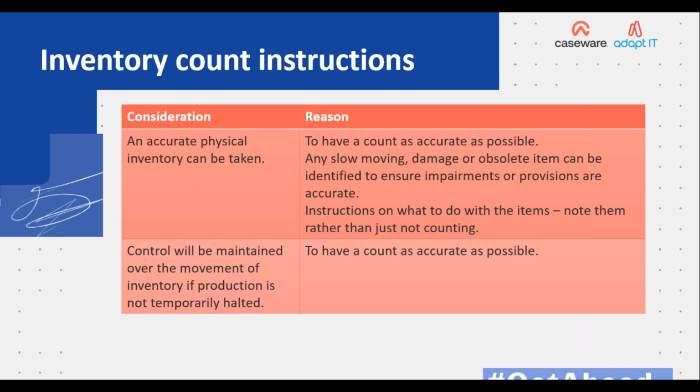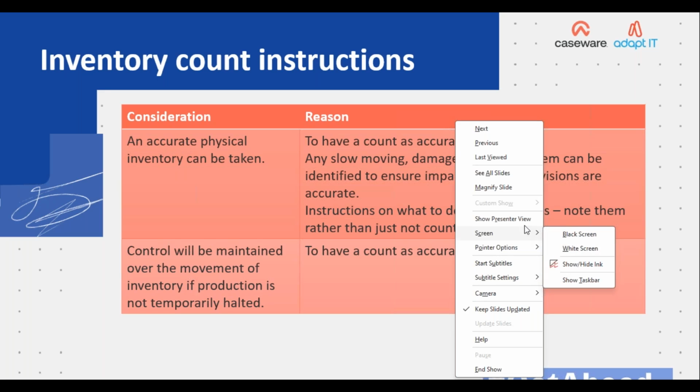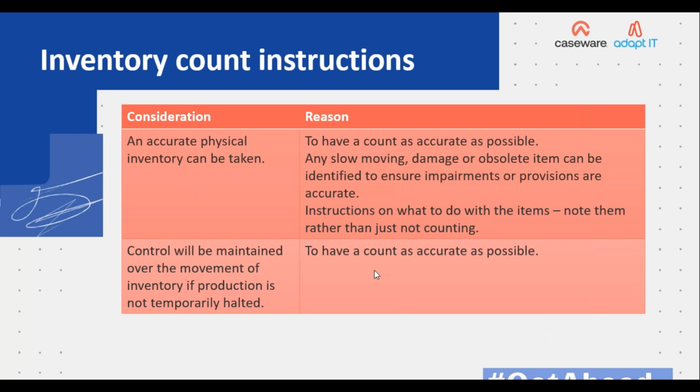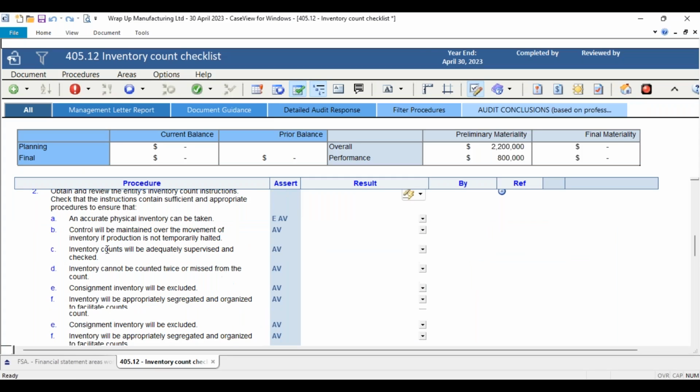Going into more details of the inventory count instructions. This first procedure's consideration is that an accurate physical inventory can be taken. This procedure talks to procedure number 2 on your Audit International procedure.